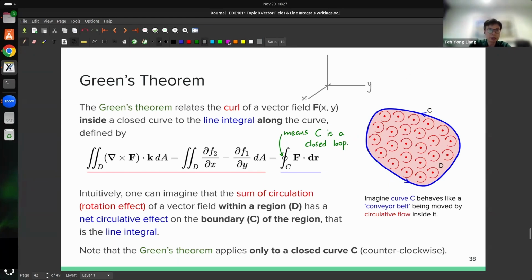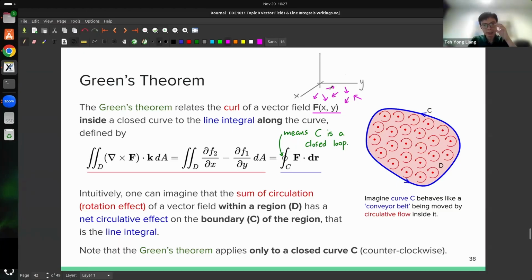You can see that this vector field F is only in the plane, because it's F of x, y. So let me draw the vector field like that. I draw a few vectors. This is my vector field F, which is on the plane.